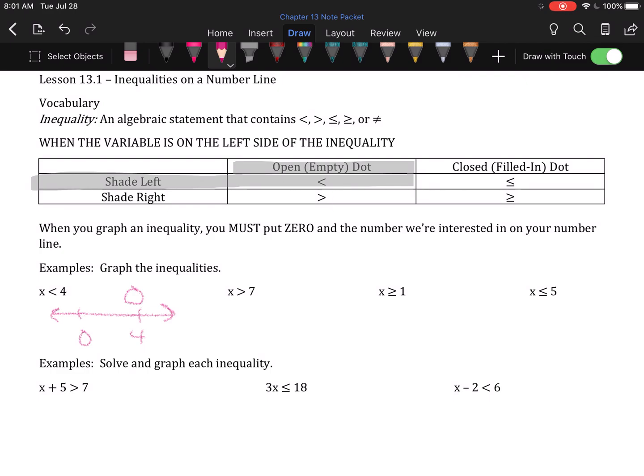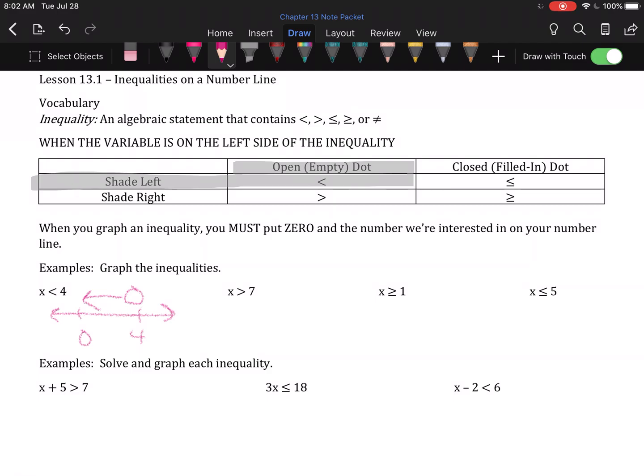That's all an empty dot is. It's a circle. A closed dot would be a circle that's filled in. Shade left. Now, the easiest way of doing that is just drawing an arrow to the left out of that circle. That's a complete inequality. It's graphed.